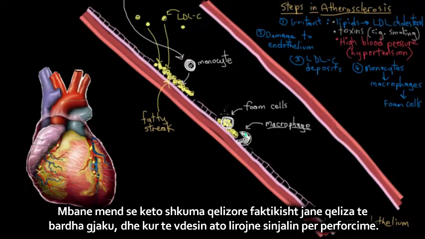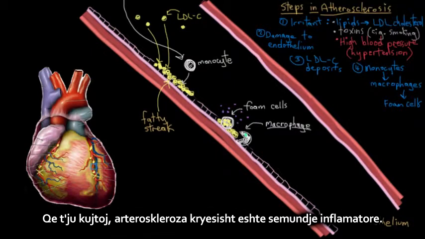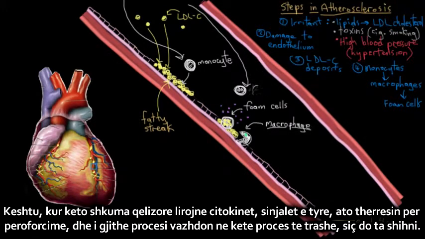So when they die, they release these signals that call in reinforcements. And I'm going to use that to remind you that atherosclerosis is primarily an inflammatory disease. It's an inflammatory condition. And so when these foam cells release their cytokines, their signals, they call in reinforcements, and the whole process proceeds in this vicious cycle, as you'll see.